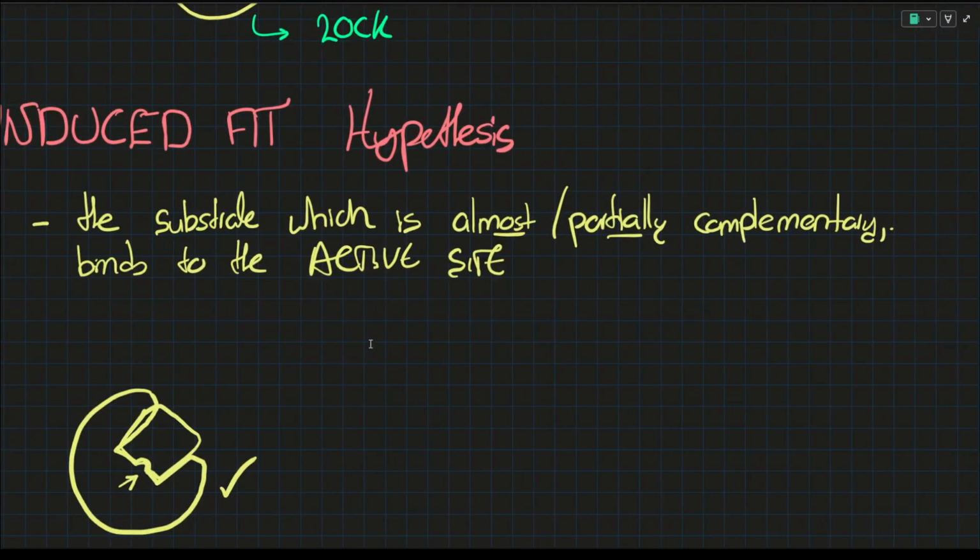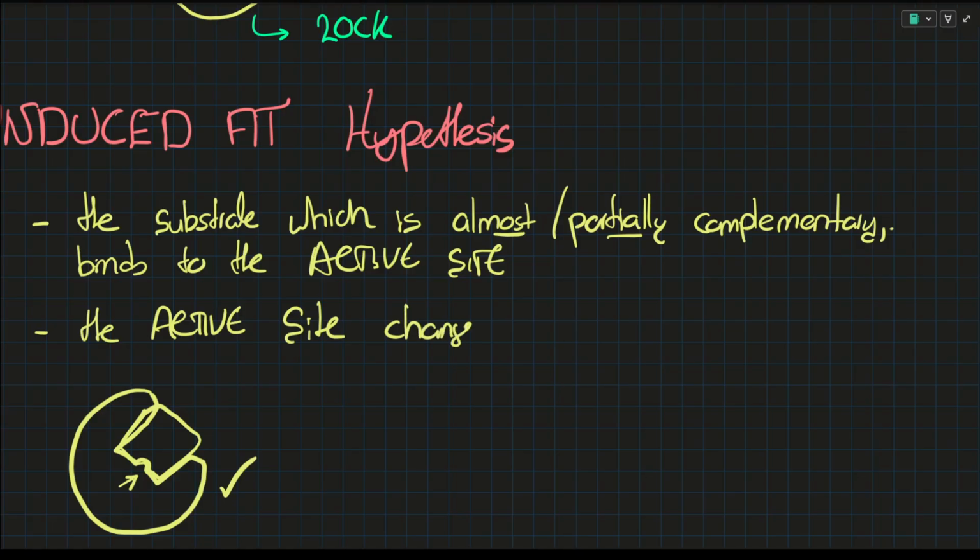So if I were to word that, this is how I would say it. The substrate which is almost or partially complementary now has bound to the active site. Therefore, the active site changes shape.